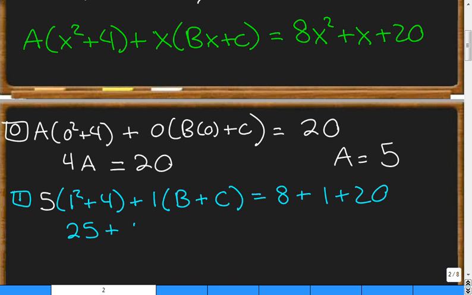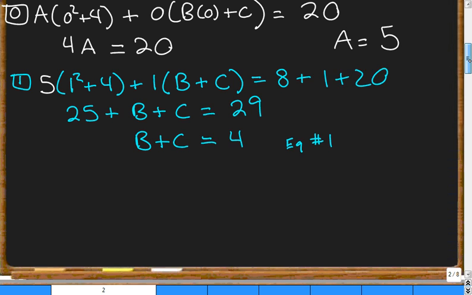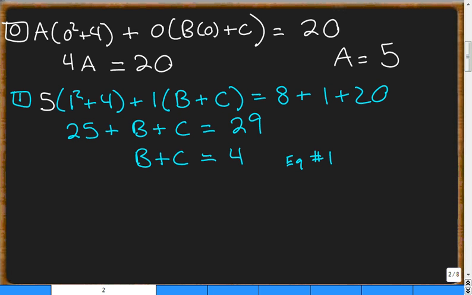This over here, we get B plus C. And this over here is going to be 29. So we're going to end up with B plus C equals 4. This is equation number 1, so we're going to store that for later. Now, the next one that we're going to try, we're going to plug in negative 1.